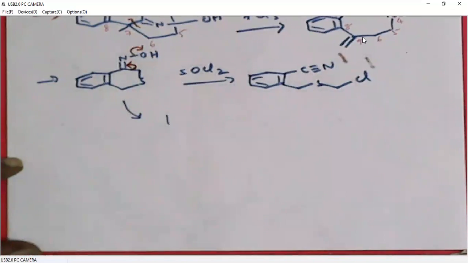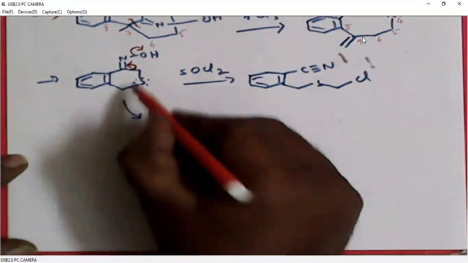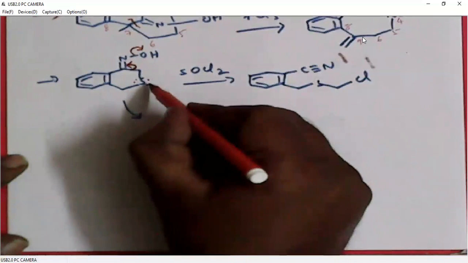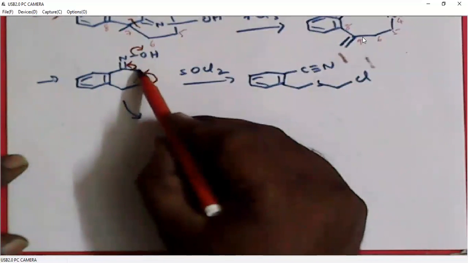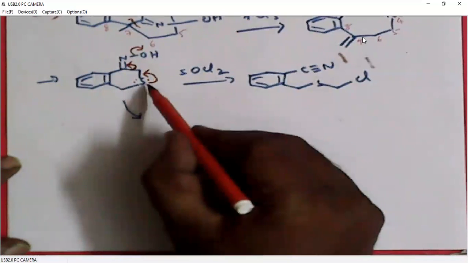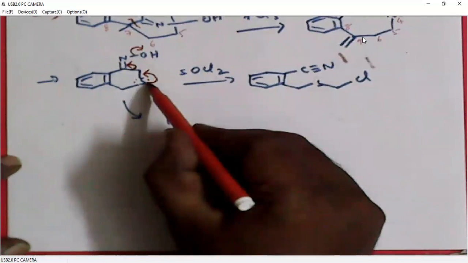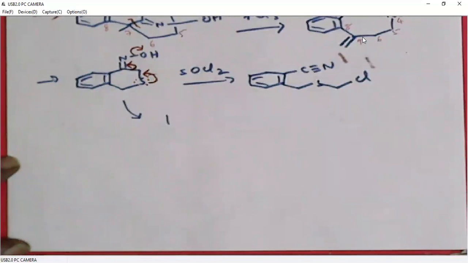Now, what are we having? We are having a plus M group in the molecule. It can utilize its lone pair of electrons to stabilize the carbocation generated here. Or in other words, we can say the lone pair of electrons on sulfur can trigger this bond formation.